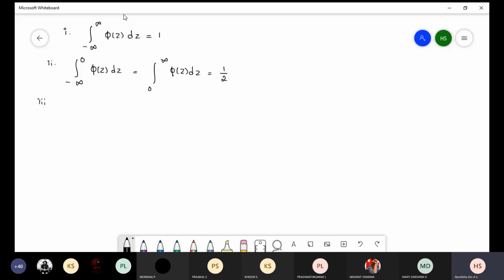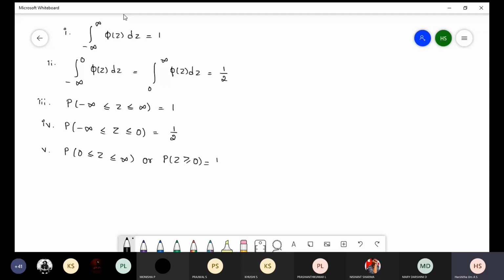Next, third one, P of minus infinity less than or equal to z less than or equal to infinity is equal to 1. Next, P of minus infinity less than or equal to z less than or equal to 0 is equal to 1 by 2. Fifth one, P of 0 less than or equal to z less than or equal to infinity, or P of z greater than or equal to 0, is equal to 1 by 2.